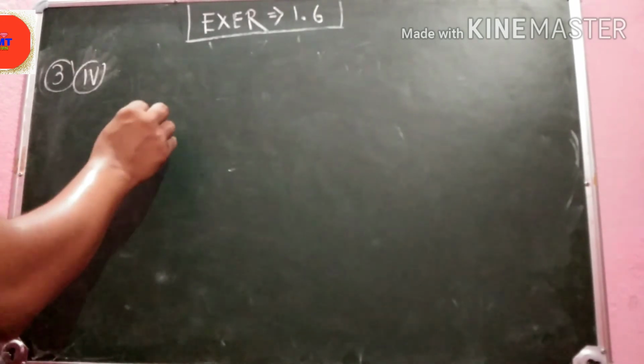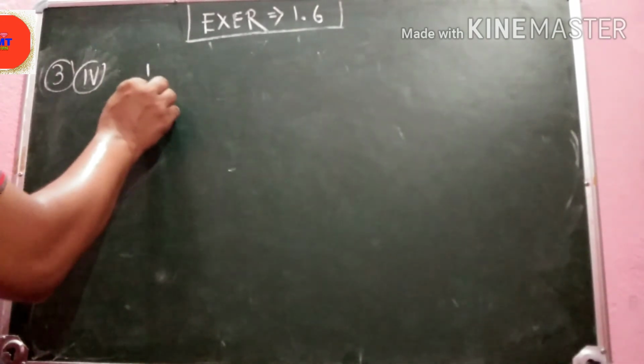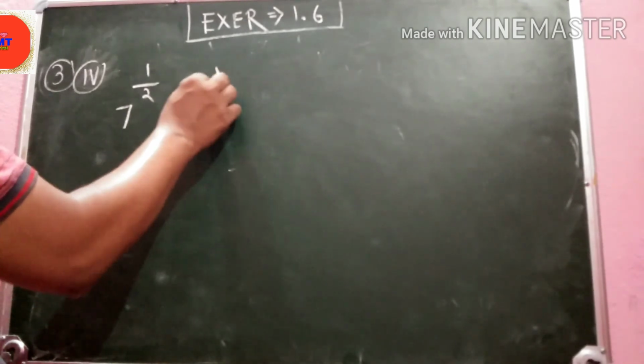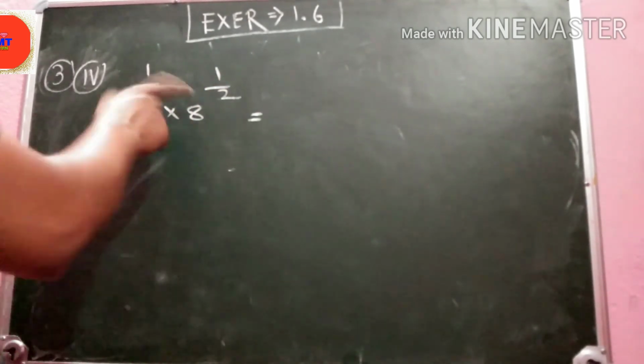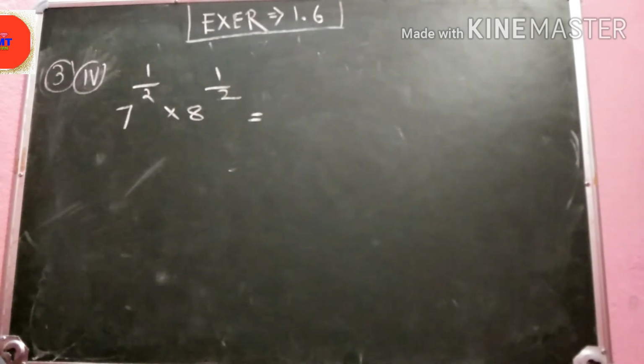Part (iv): 7 to the power 1 by 2 multiplied with 8 to the power 1 by 2. In this case, you can see that the exponents of both exponential forms are equal, but the bases are different.